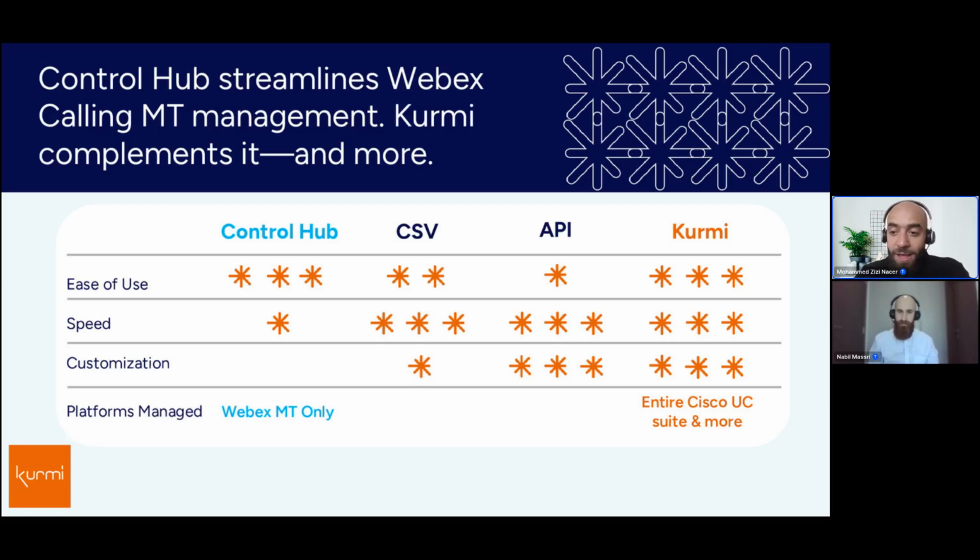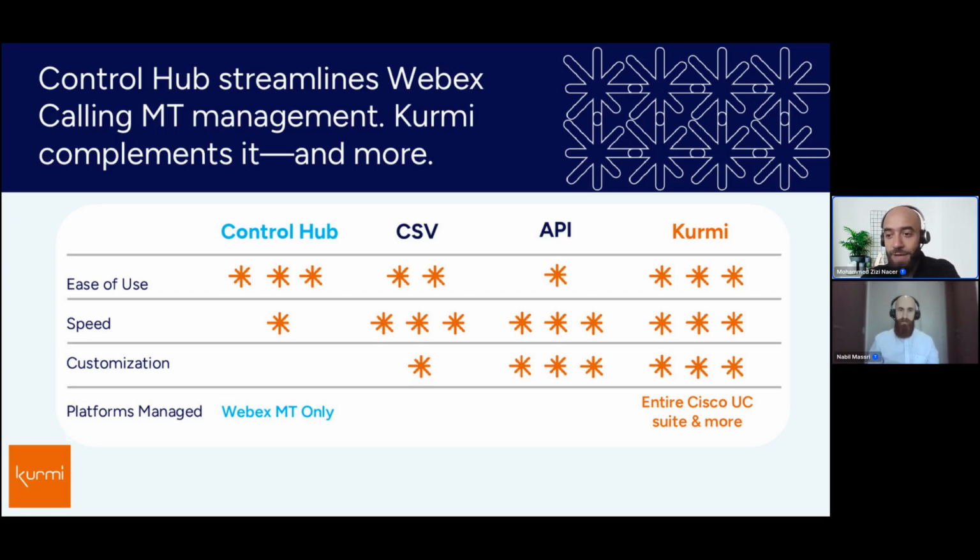We at Kurmi have the advantage of having a user interface and relying on the Control Hub API. So I would say that within Kurmi, we combine the best of the two worlds. We take advantage of the full capability of the API, and we offer the admins the same capability as they had before, a single pane of glass, the same DNA for the management.